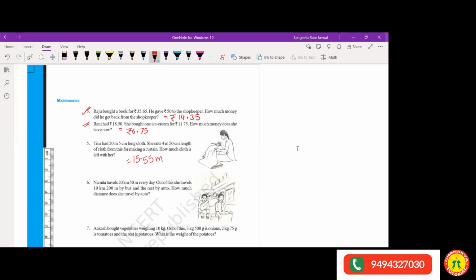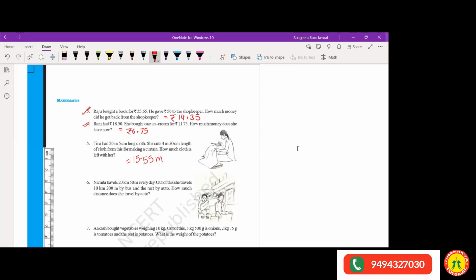Okay. Teacher, we take 50 meters and 200 meters differently. And here 20 kilometer and 10 kilometer.